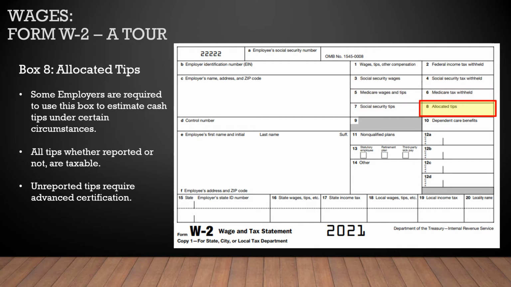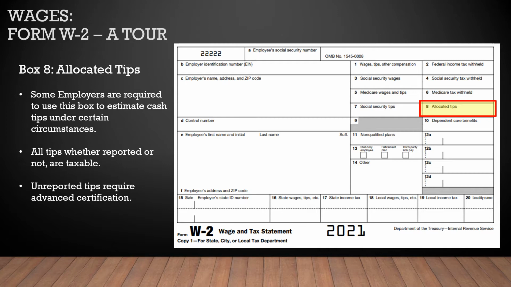Box 8 is for allocated tips, and certain employers, mainly large national restaurant chains, are required to use this box to estimate the cash tips of a server under certain circumstances.